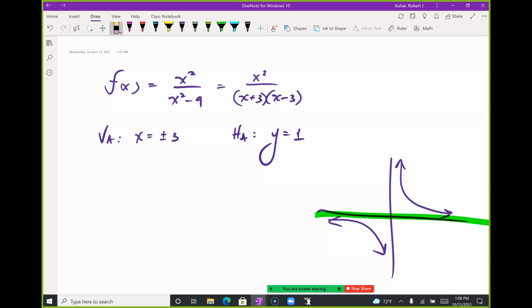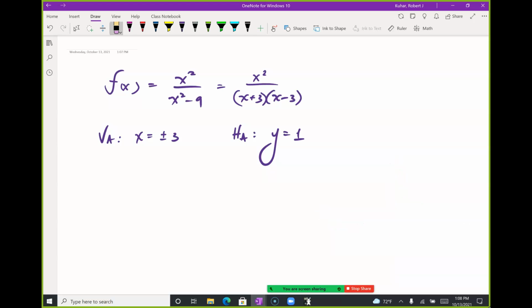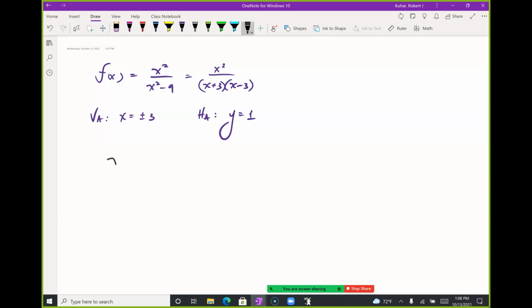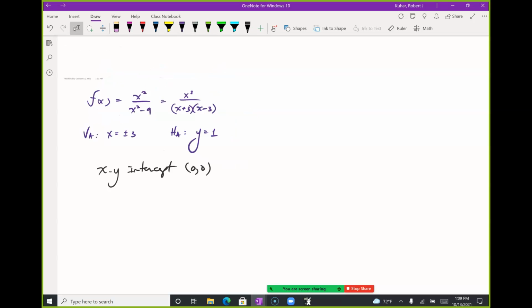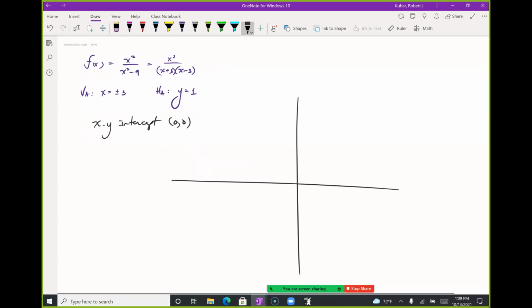So we have an x and y intercept of 0, 0, right? I mean, we could start there. So at 0, 0, I have a point. At positive 3 and negative 3, I've got asymptotes.